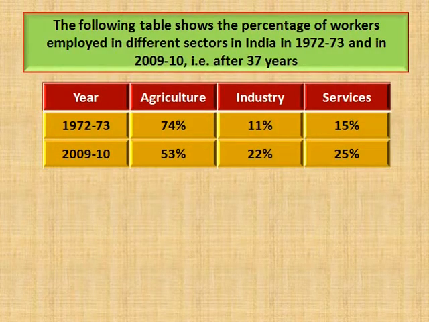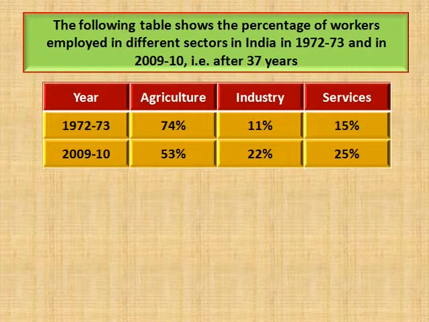Now, see the following table, which shows the percentage of workers employed in different sectors in India in 1972 to 1973 and in 2009 to 2010, that is after 37 years. Year 1972 to 1973: agriculture 74%, industry 11%, services 15%.